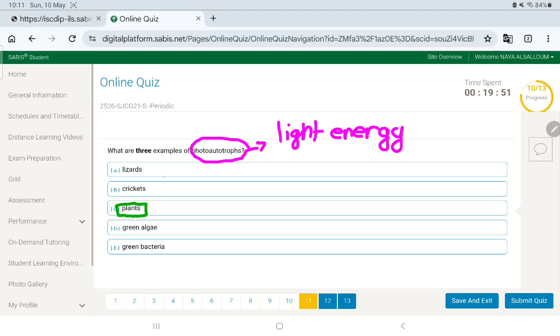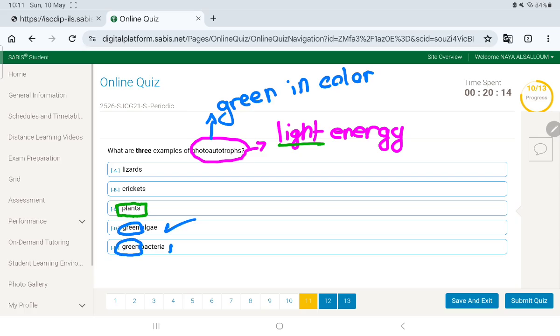They capture sunlight. If you remember, quite a few questions ago, they said most photoautotrophs are green in color. So obviously, what will it be? Green algae and green bacteria.